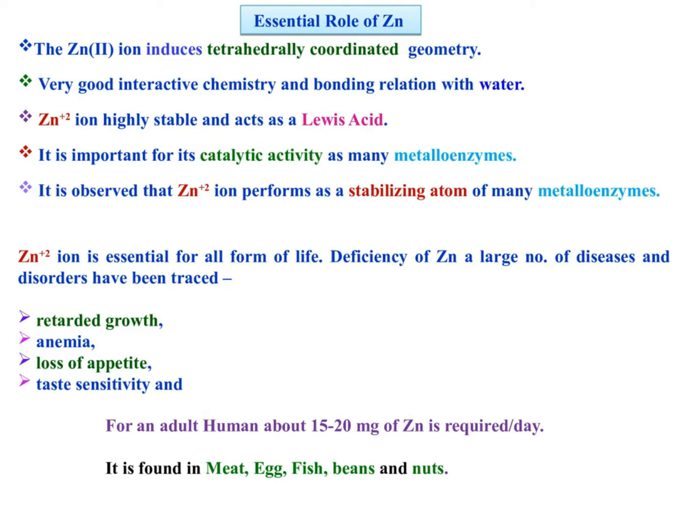They are like retarded growth, anemia, loss of appetite, taste sensitivity, lots of metabolic disorders, etc. Now, an interesting fact: for an adult human, about 15 to 20 milligrams of zinc is required per day, and the sources of zinc are meat, egg, fish, beans and nuts.